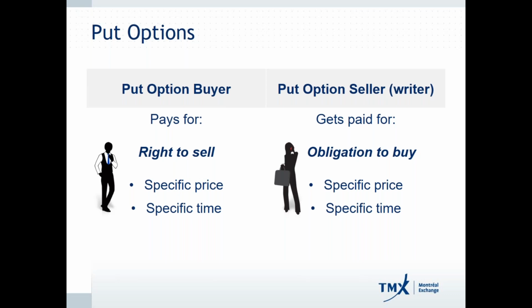And so in this scenario, the put buyer secures a specific price they can sell at over a specific period of time. And now this is the interesting part. Some people buy that put option as protection. Others will use the put option as a speculation on believing that a stock is going to decline.